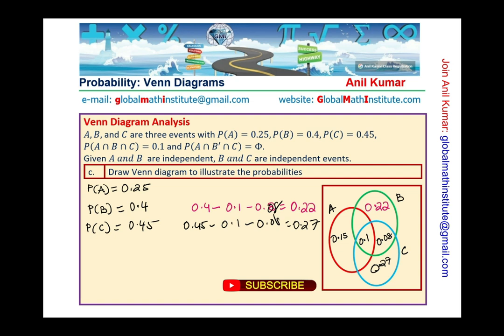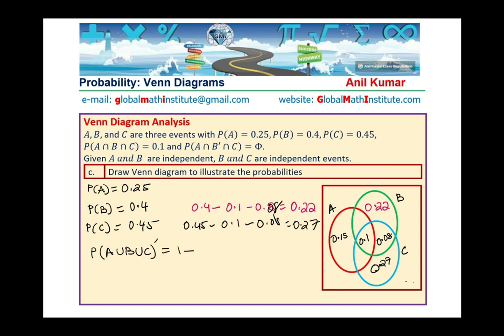Now we can add all these terms and see what should be outside, right? So not A, B, or C is how much? 1 minus, let's add them all, right? So it is 0.15 plus 0.22 plus 0.18 plus 0.27.